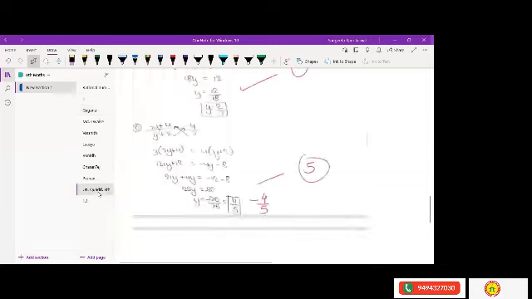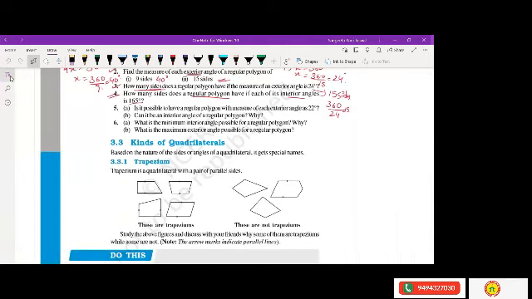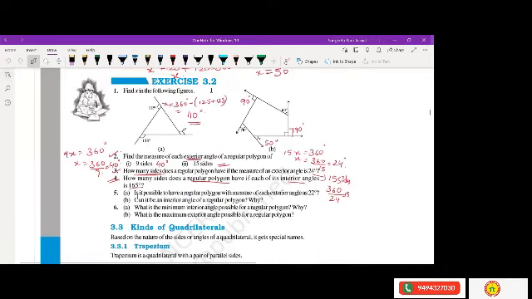Okay, so we were doing quadrilaterals. Coming back to quadrilaterals now. We had done till here, exercise 3.2, till question number 4 we had done. How many sides does a regular polygon have if each of its interior angles is 165?